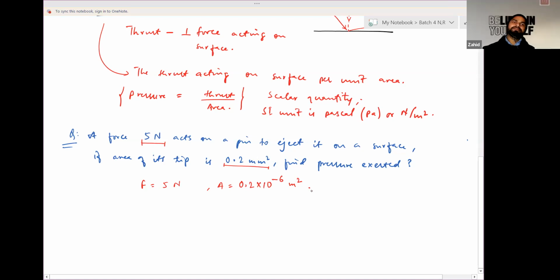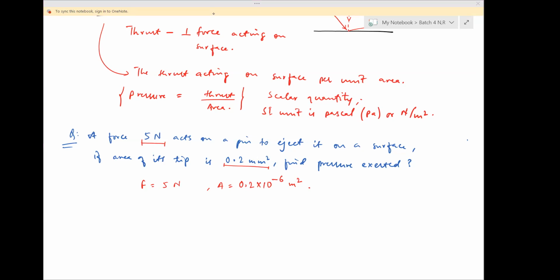Sham, just check your calculation. Yes, yes. I put +6 instead of -6. No, sir, thermometer.